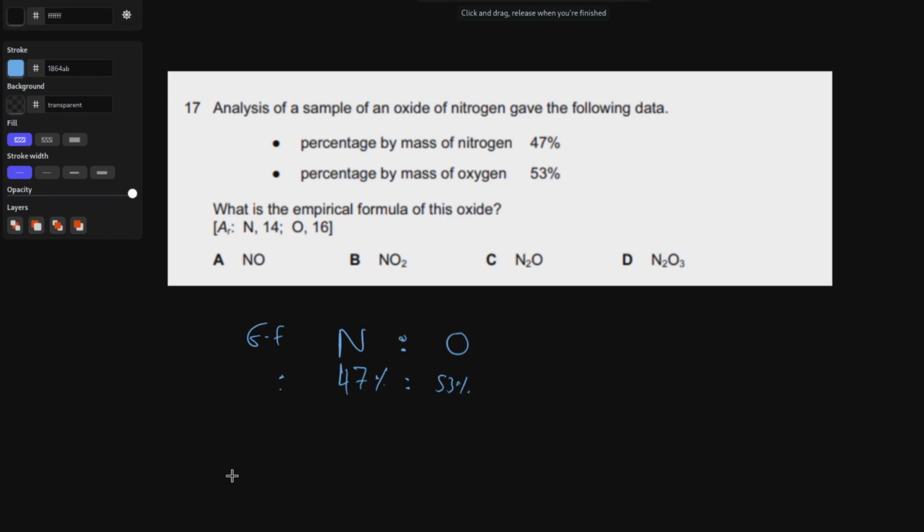So in order to figure out the simplest ratio, we can figure out the moles, and if we figure that out, we can get the answer. How do we figure the moles out? We figure that out by dividing by MR, and the MR of nitrogen is 14 and the MR of oxygen is 16.